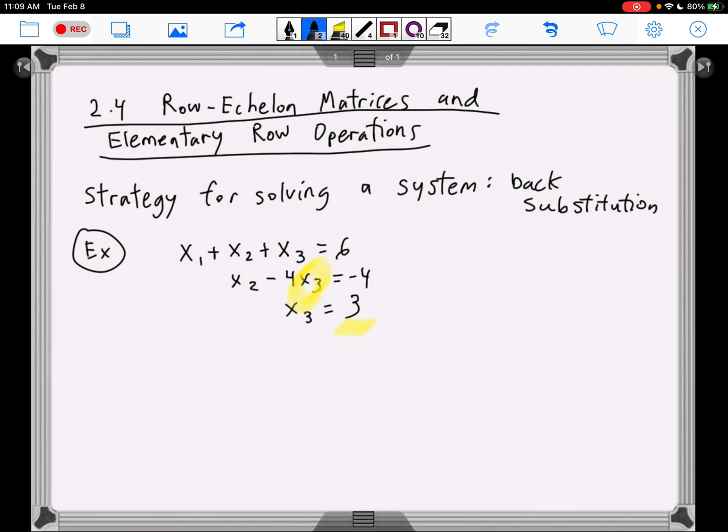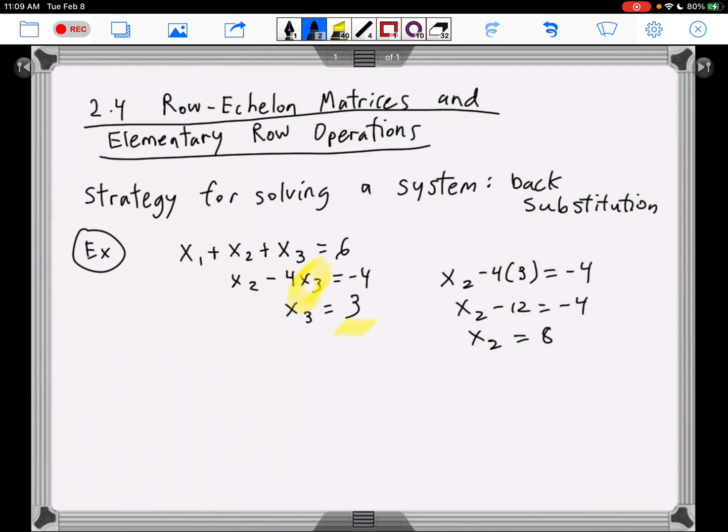Okay, so if we do that, we get x2 minus 4 times 3 is equal to negative 4, or x2 minus 12 is equal to negative 4, or x2 is equal to 8, right?